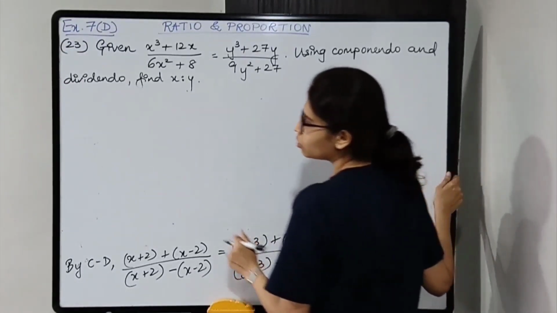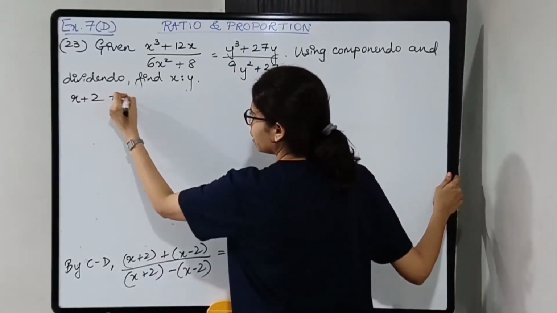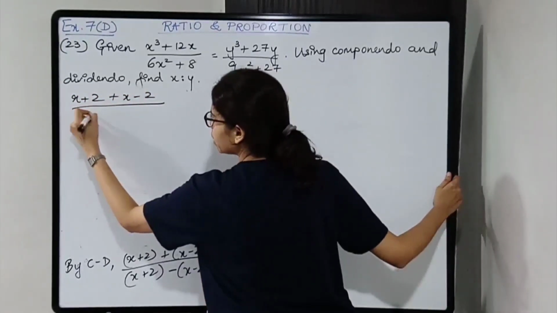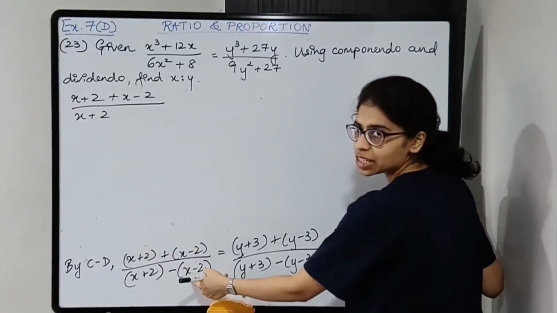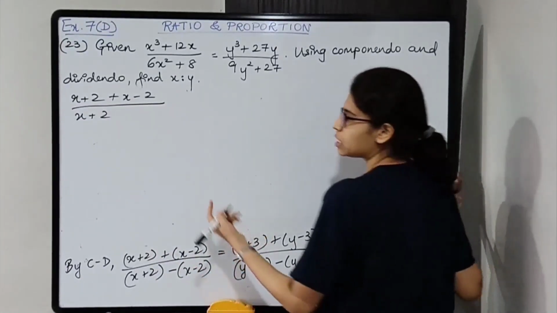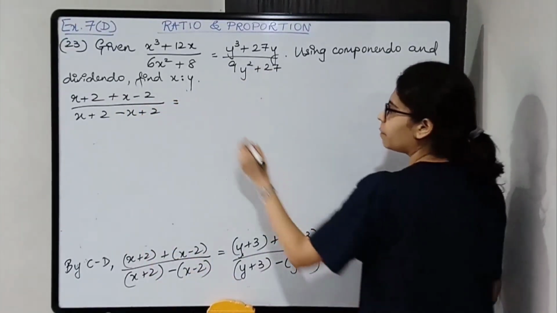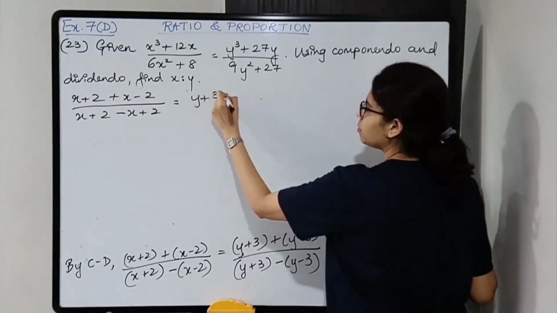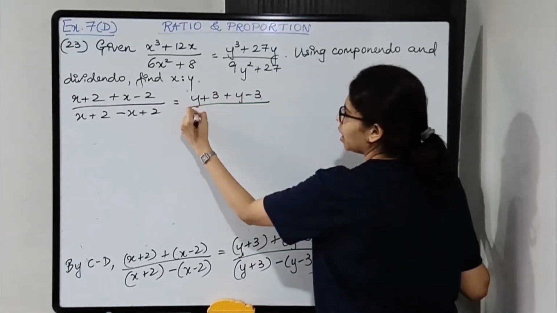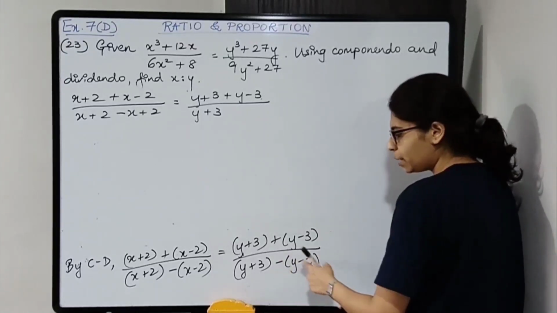Opening the brackets now, x plus 2 plus x minus 2 upon x plus 2, here the signs will change, minus x and minus into minus gives plus 2. Here y plus 3 plus y minus 3 and here y plus 3, again the signs will change, minus y plus 3.